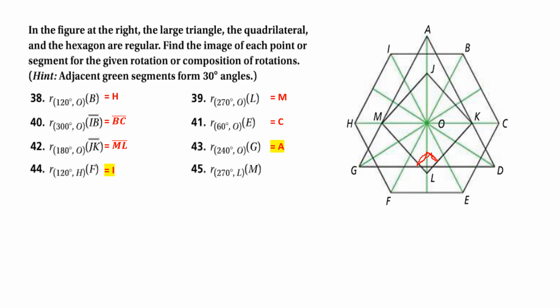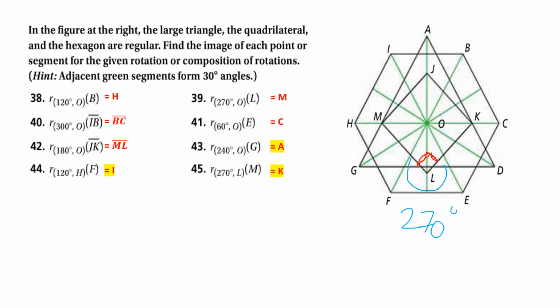If I want to take M and rotate it counterclockwise around L, I just have to subtract 90 degrees. If I have 360, and I want to take M all the way around but not quite, only all the way around minus 90, that leaves me with 270 degrees on the exterior of L. And so that's how I figured this one out.